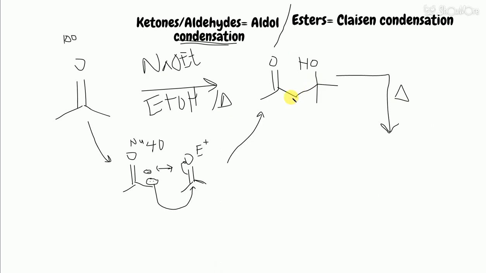And so essentially, you'll have to know the mechanism for this, but I don't think I have the time to show all the mechanism right now. But essentially what will happen is we can take the base, and we can deprotonate a hydrogen that is right here. Okay, so this hydrogen right here.